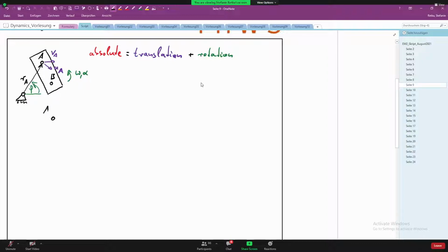And now let's say we are here, at time t. A at time t and B at time t. And now we only have a non-moving observer standing here, an outside non-moving observer.